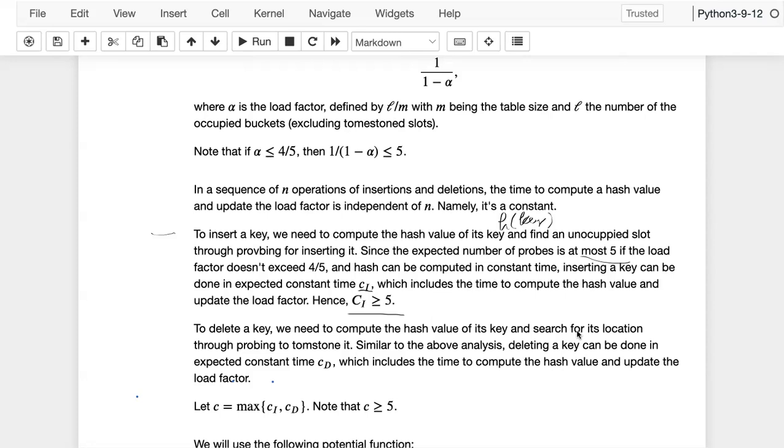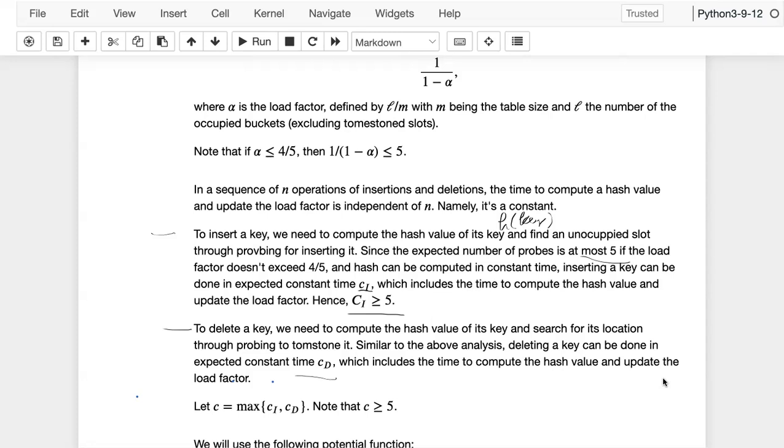But it's a constant. To delete a key, we need to compute the hash value of its key and search for its location using open addressing through probing to tombstone that key. Then, similar to the above analysis, deleting a key can be done in expected constant time.